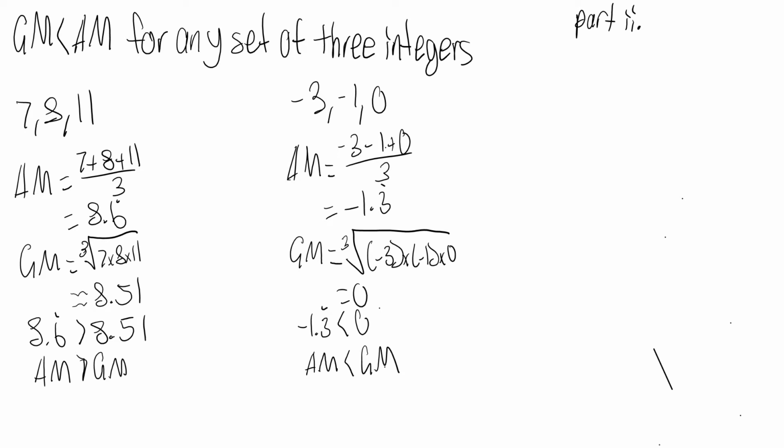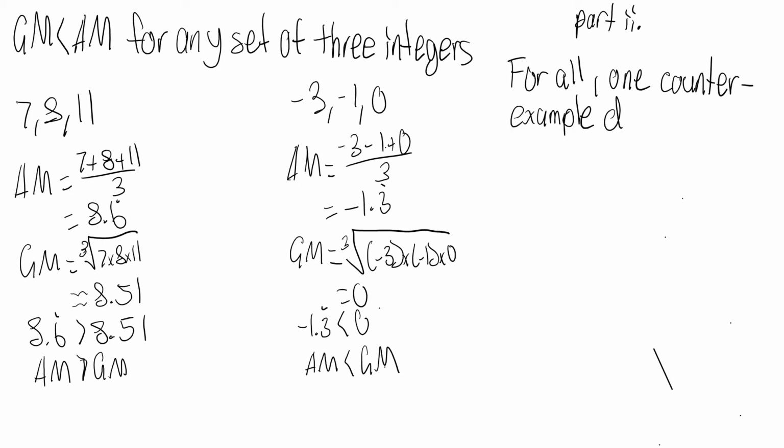Now since it is a for all statement, one counterexample disproves it. So that one example where the geometric mean was greater than the arithmetic mean disproves that statement.